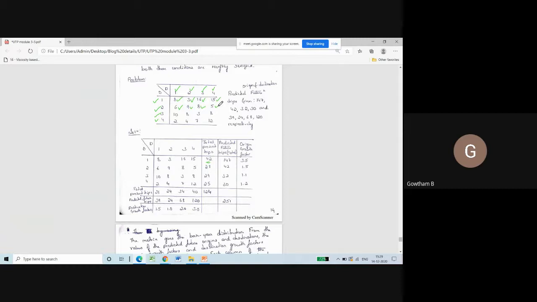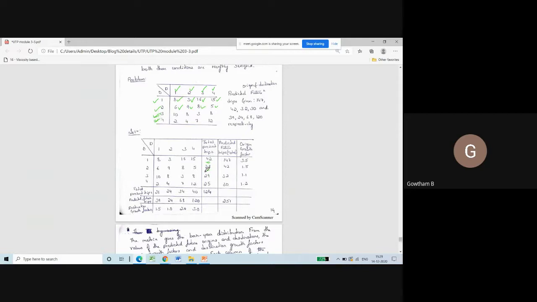Therefore, the total trips produced in area number 2 is how much? 6 plus 9 plus 8 plus 5, that is equal to 28. Out of 28 trips, 6 trips are going to area number 1, 9 trips are plying inside area number 2, 8 trips are going to area number 3, and 5 trips are going to area number 4. Similarly, the data is given for area number 3 and area number 4.